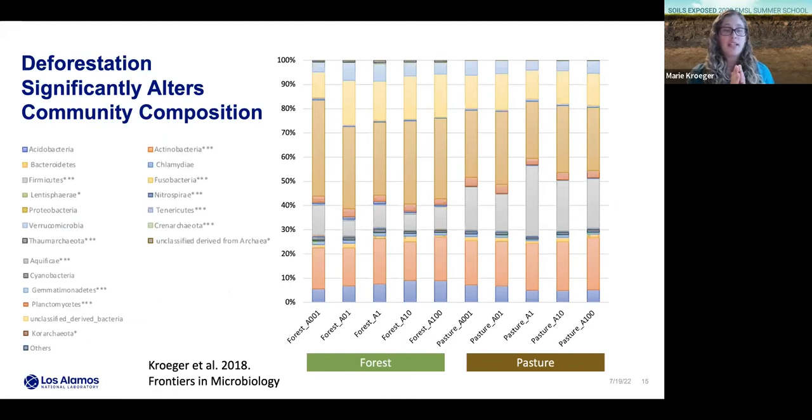But when I did analysis of the change in abundance of these different phyla, we found that 13 out of 34 phyla that were annotated significantly changed. And two really stuck out to me in the data. One was Thermoproteota here, which you can see in this smaller gray bar, which was almost exclusively found in our primary rainforests. And then Firmicutes, we saw a large expansion and increased abundance in the pasture.